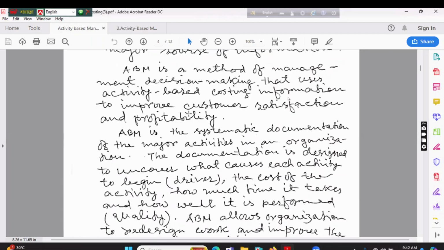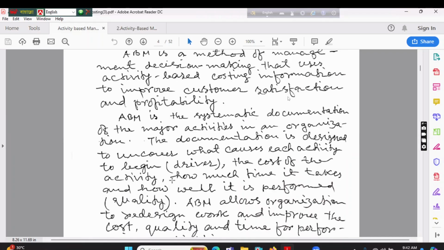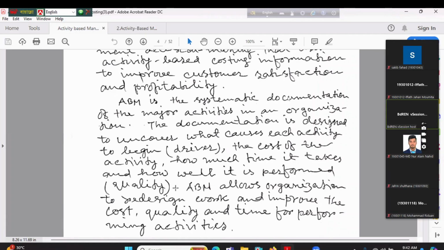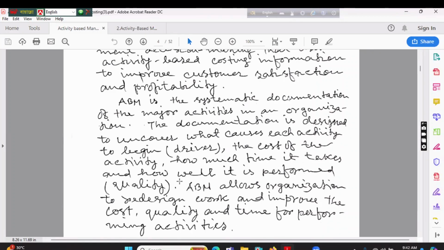Another definition. Activity-based management is the systematic documentation of the major activities in an organization. The documentation is designed to uncover what causes the activity to begin, the cost of the activity, how much time it takes, and how well it is performed.